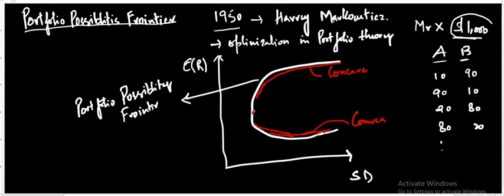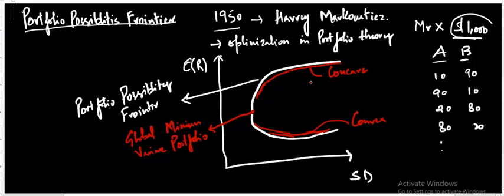And we have a point where the graph changes from convex to concave, and that point is known as the global minimum variance portfolio.